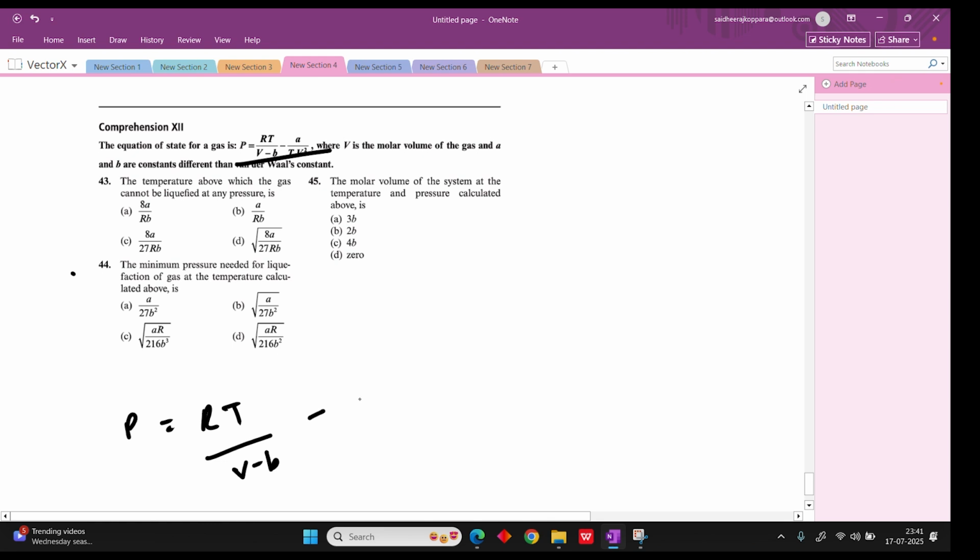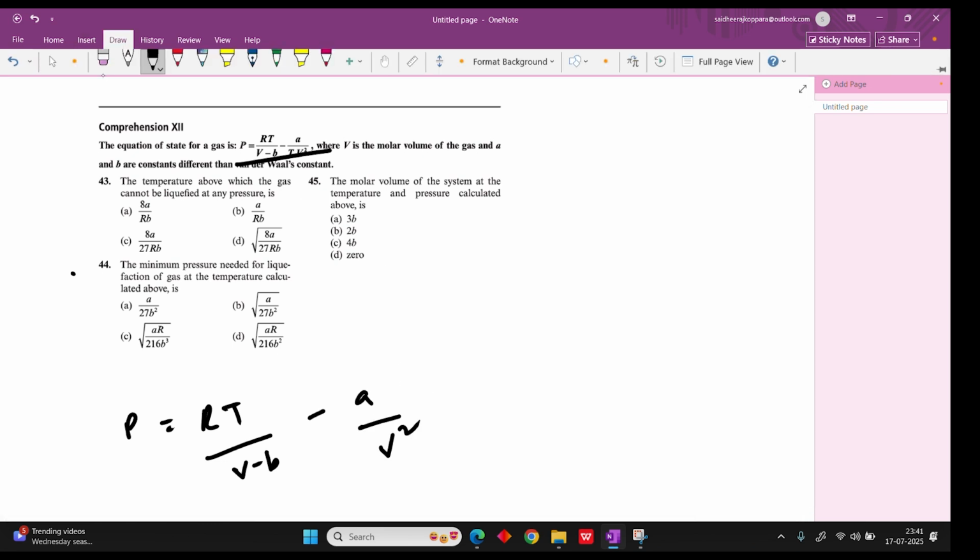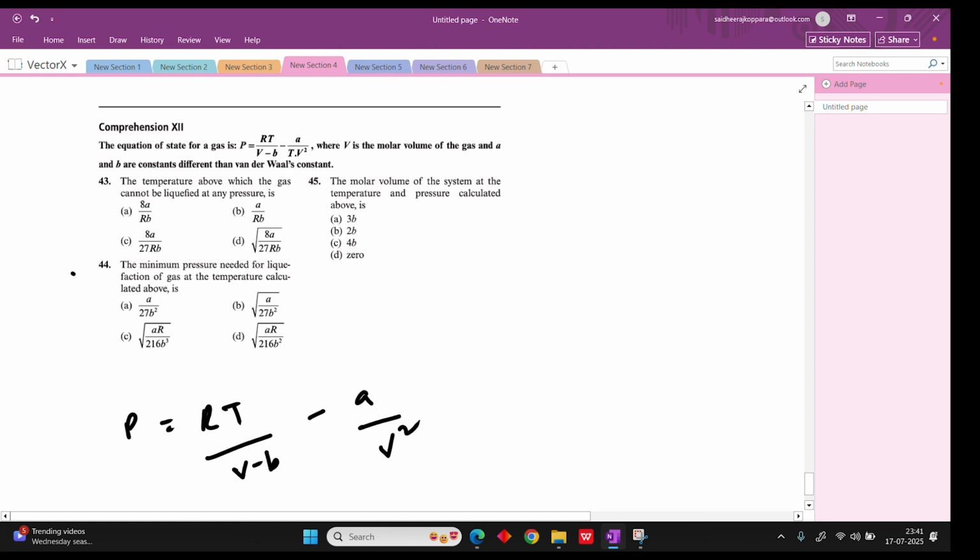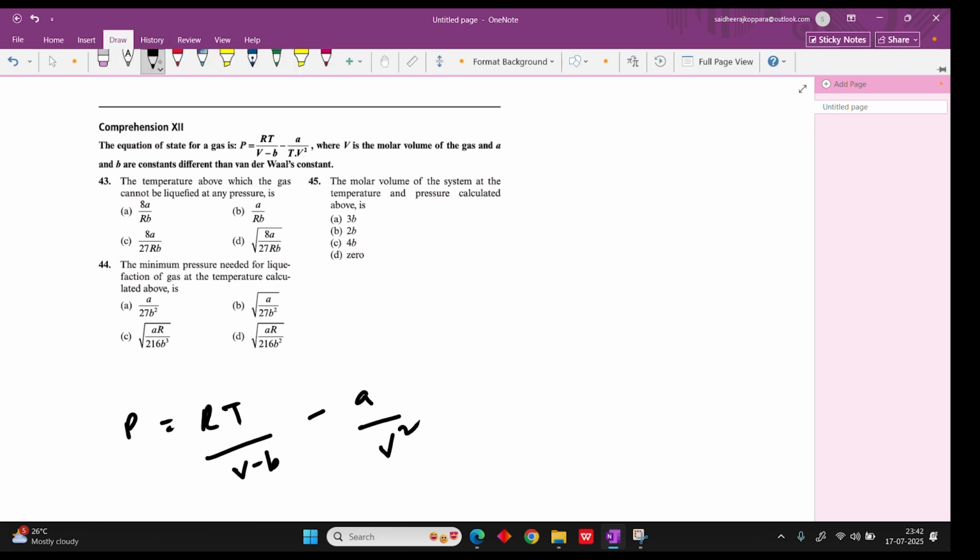Basically, your pressure equation is, but here they gave an extra T. That means some other gas will obey this in some other hypothetical world, or might be the real world as well. Sometimes some other gas. And he gave in the question that a and b are your van der Waals constants.